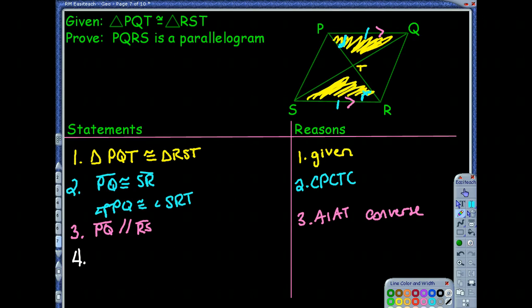So I can go ahead and say, prove that PQRS is a parallelogram. And that is because, how do we want to word that? One pair of... I usually say one pair opposite sides congruent and parallel, or parallel congruent.